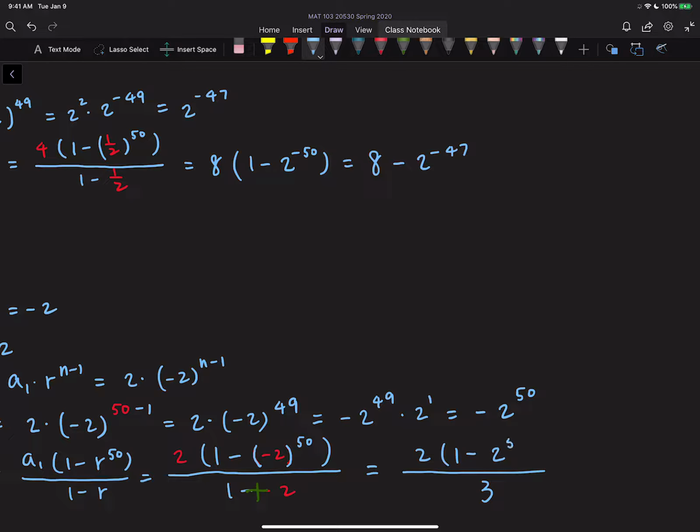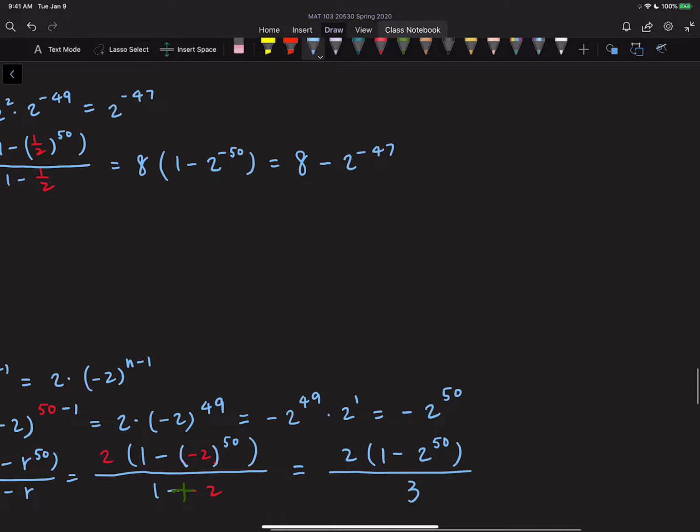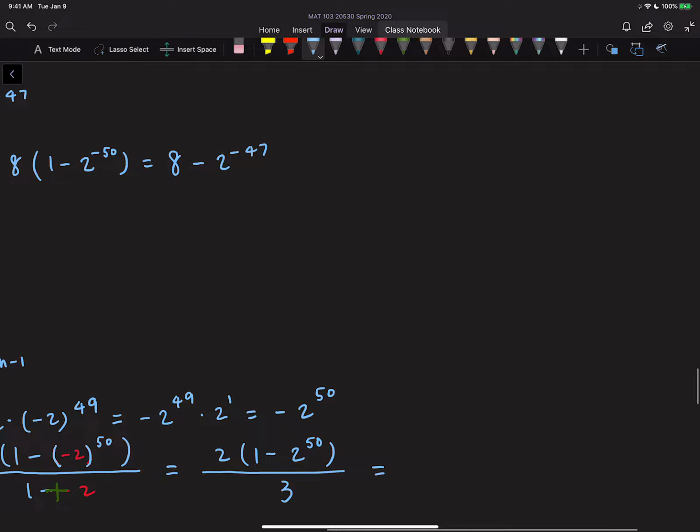That's why I'm going to get rid of that negative sign inside. And then I'm going to distribute the 2 outside. If I distribute the 2 outside, I will get 2 minus 2 to the 51st divided by 3 for my answer. And that will be the sum of the first 50 terms in this particular sequence, which turns out to be a very negative number.